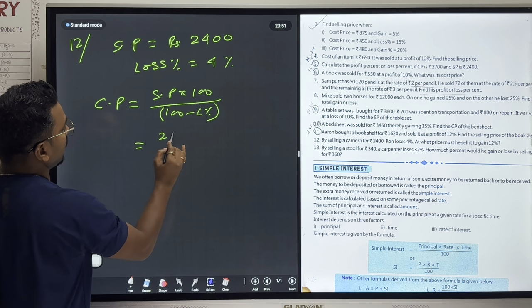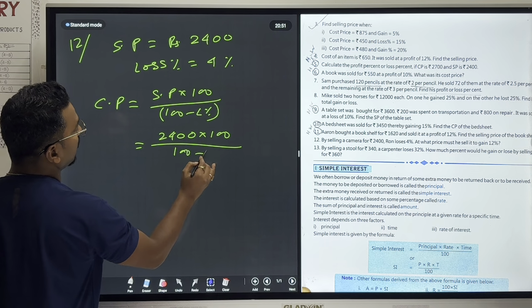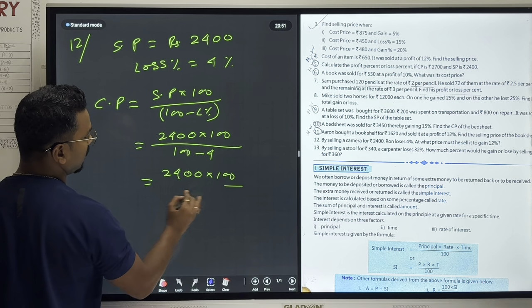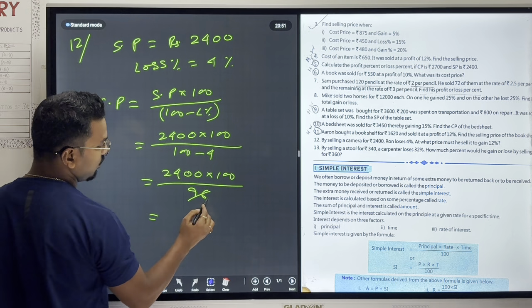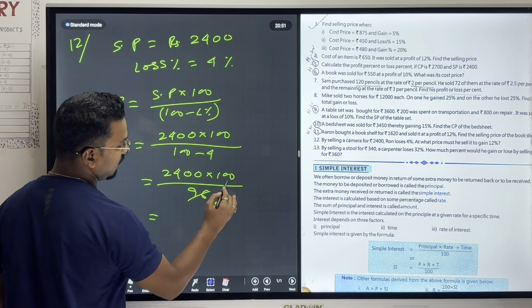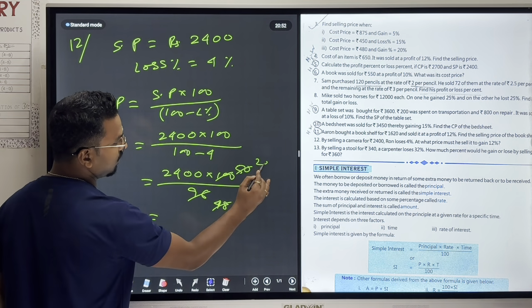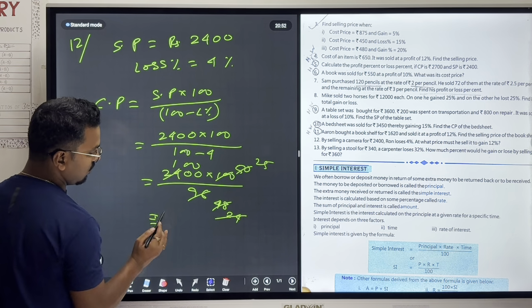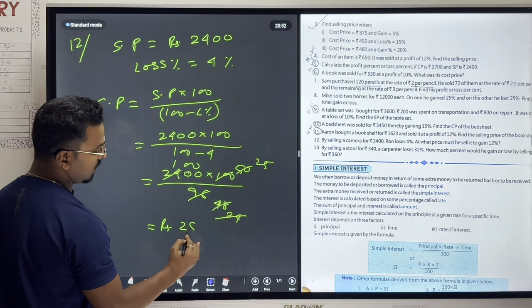So 2400 multiplied by 100 divided by 96. Dividing by 2 repeatedly, it becomes 25 into 100, which is rupees 2500.